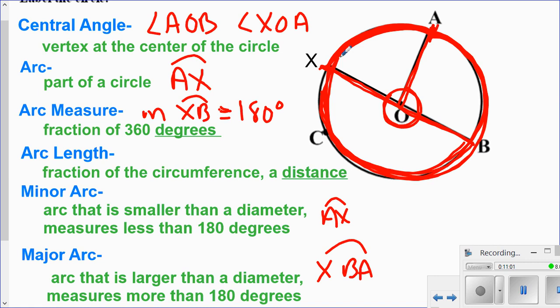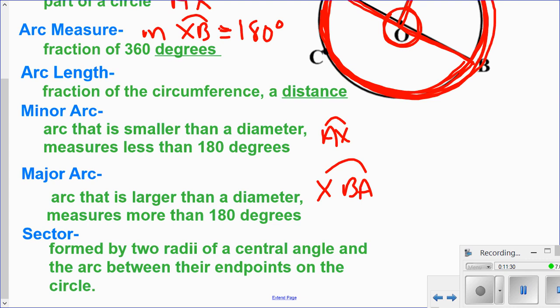So the way that we distinguish between the two is that if it's 2 letters, then it's just the minor arc, and that would be just here to here. But if it's 3 letters, that means I have to start here, continue through to the next letter, and then keep going to the 3rd letter. Okay, so that's how we know the difference between which arcs we're talking about. Minor would be 2 letters, major would be 3.